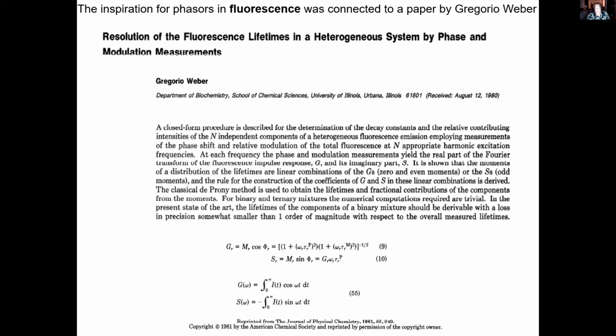After a big effort with a lot of difficult mathematics, Gregorio Weber came up with an approach to do this for n components if you have n frequencies.